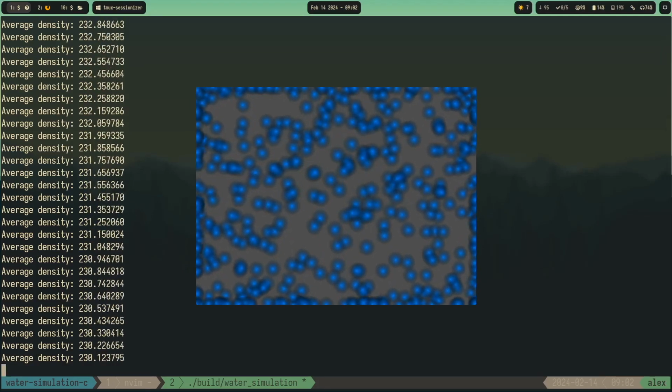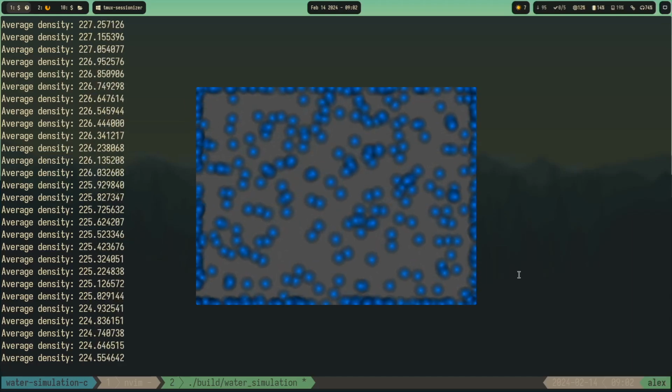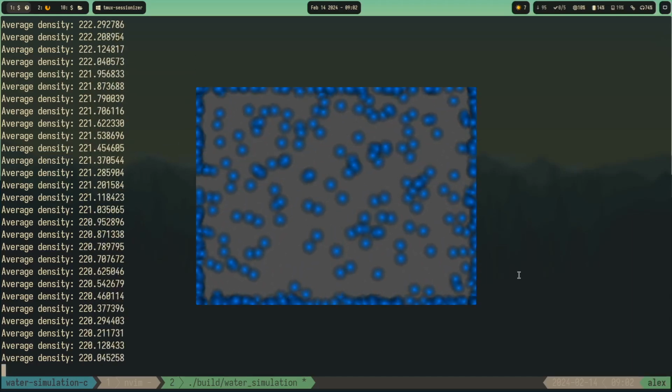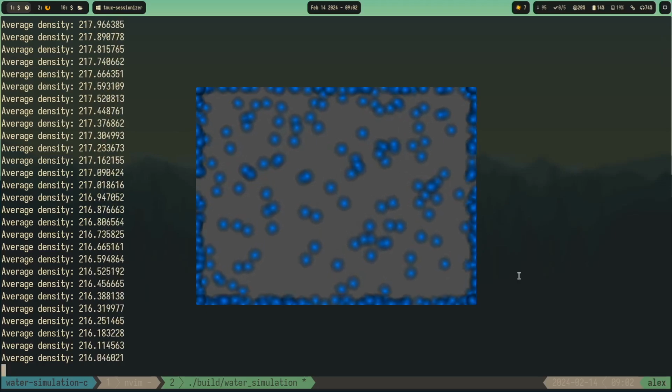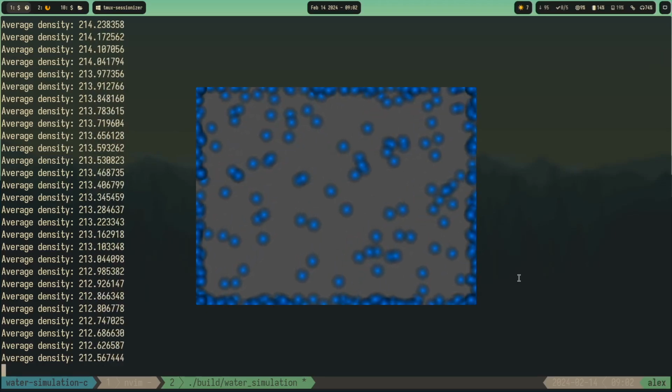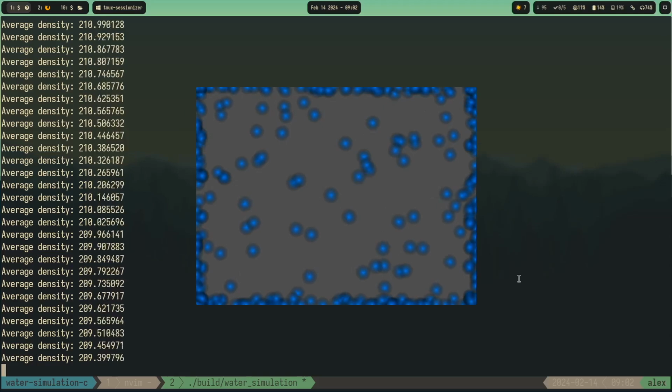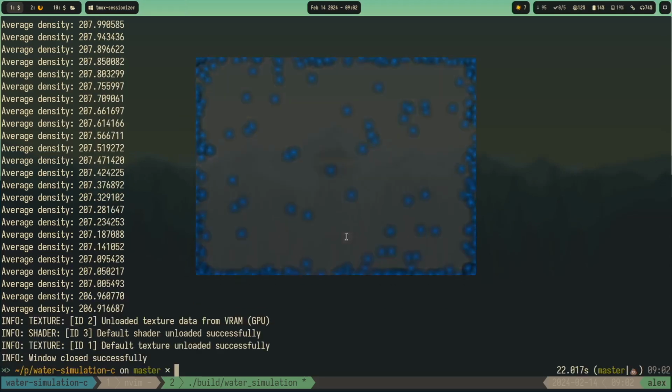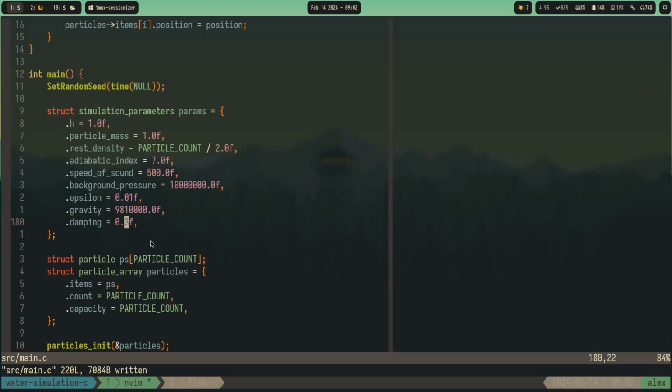I mean, it's interesting. Let's try to also increase the damping.